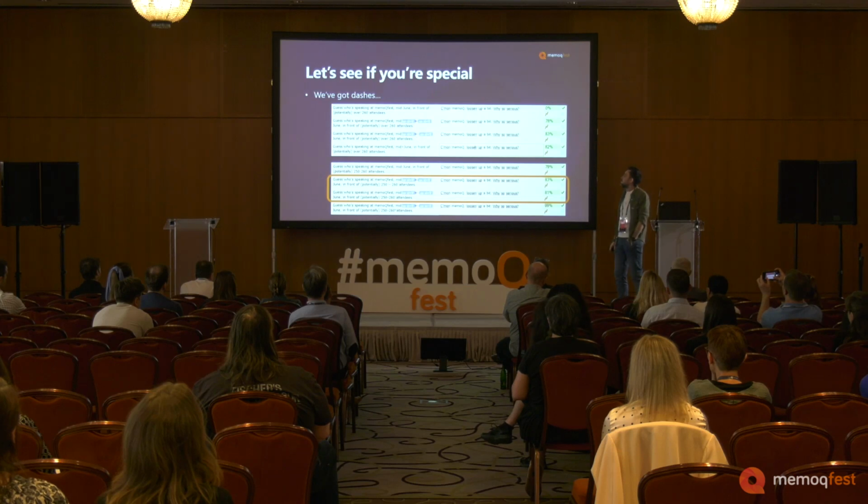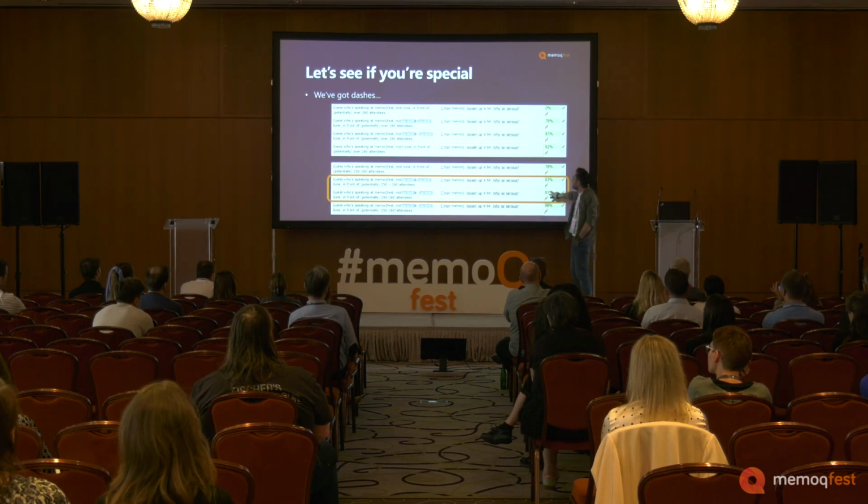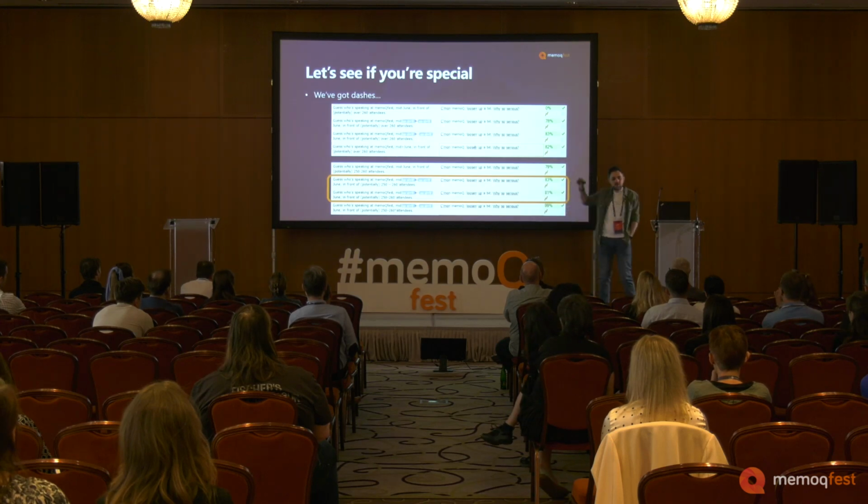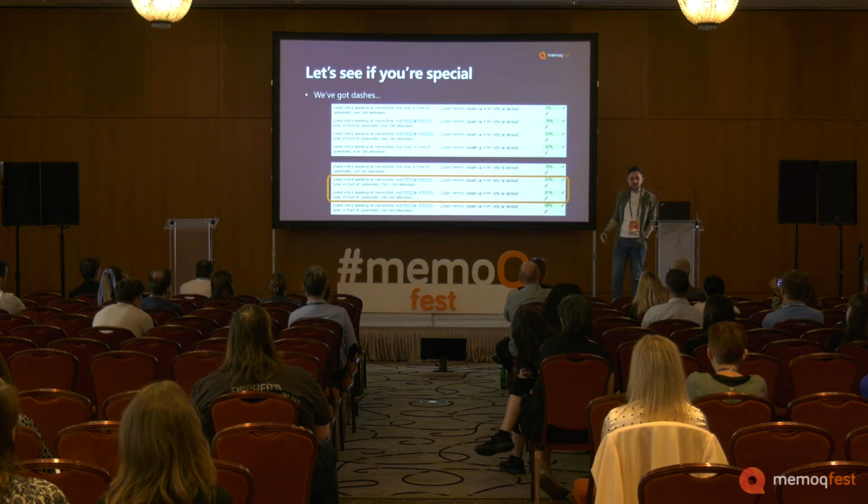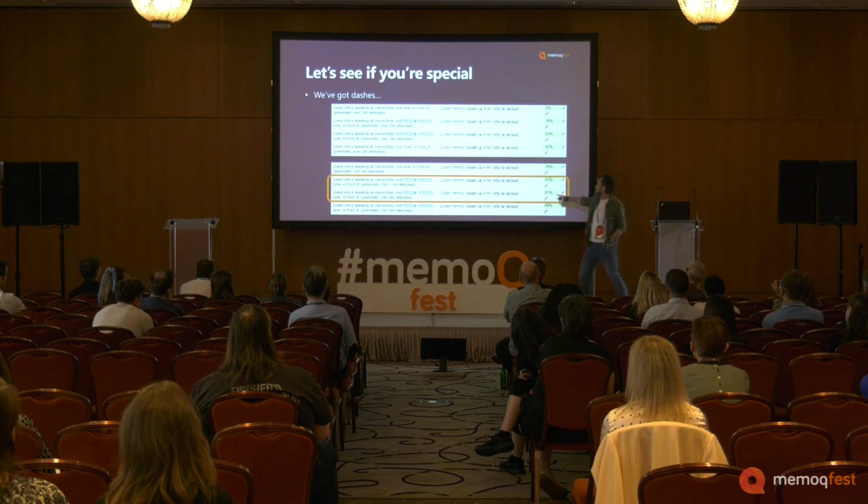And then you have another situation with the dash and white spaces. And funny thing is, with these 2 segments, what do you think is the reference segment that memoQ showed in the TM list? To which segment did it compare and give you the fuzzy match? Was it this one? No, it was this one.